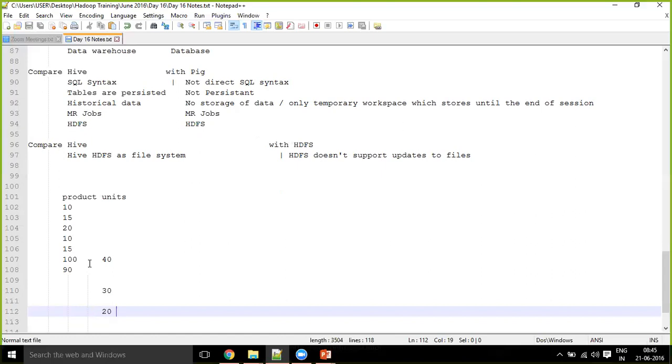Siva, what about time series and slowly changing dimensions and that kind of stuff? Time series DB, this Hive is not intended for that, Anand. We can think of HBase in some scenarios for time series kind of stuff, but the better one, I can say, is maybe using Spark streaming on the fly.